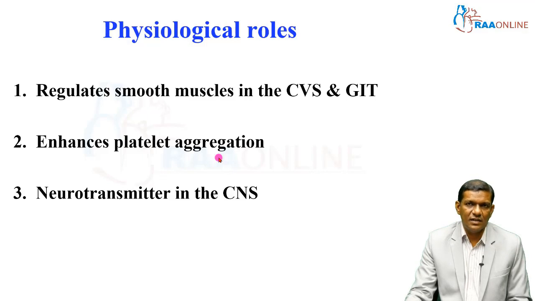Whenever there is endothelial damage or platelet aggregation, the serotonin will be released, and it is responsible for the aggregation as well. And third, it plays a role as a neurotransmitter in the CNS. It is stored in the vesicles along with substance P and co-transmitters. So the three most important physiological functions of serotonin are action on the smooth muscles in the cardiovascular system and GIT, platelet aggregation, and serving as a neurotransmitter.